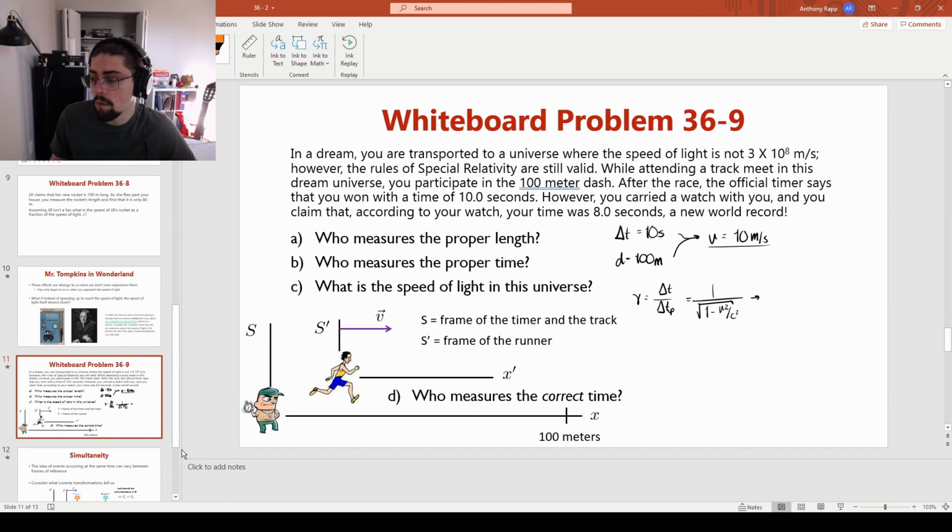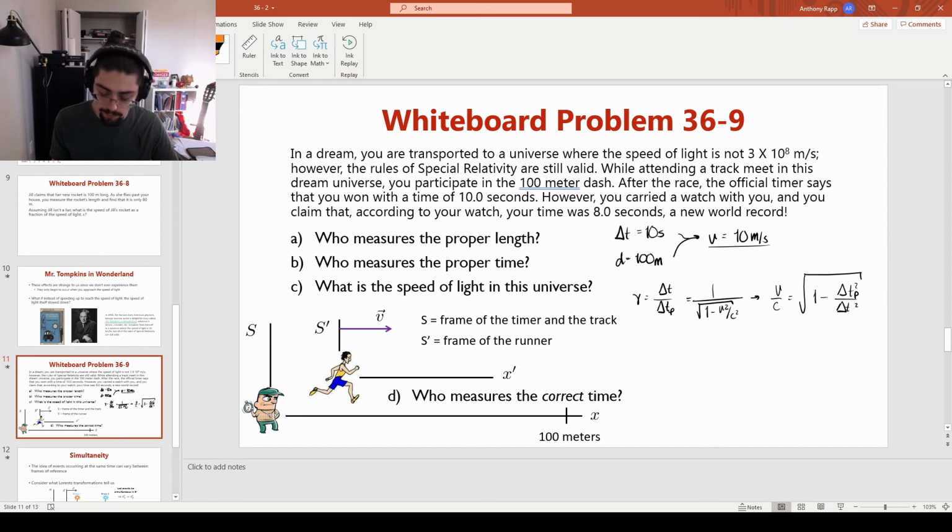So this is going to become something like V over C is equal to the square root of 1 minus delta t squared over delta t of p squared. Whoops, I screwed up delta t and delta t p. Delta t p should be on top, so delta t p squared over delta t squared. We have 8 divided by 10, square that, 1 minus that.